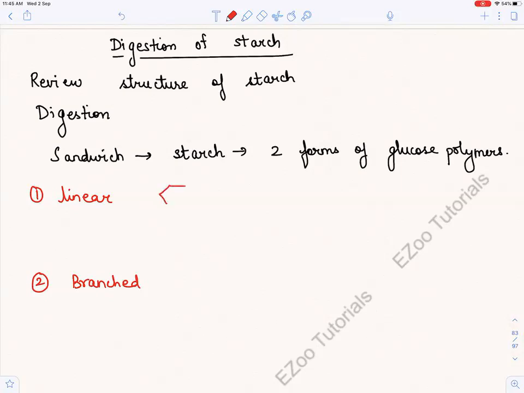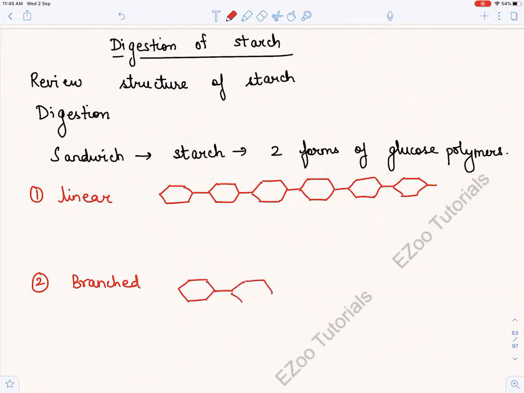If you want to understand with the structure, linear means that these glucose molecules are arranged in a linear manner, right? And these glucose molecules are arranged in a branched manner when we are talking about the, see, one branch here. So what are these blocks that I am making?